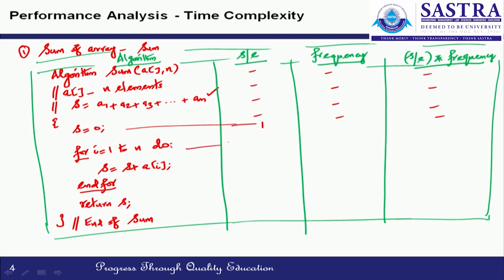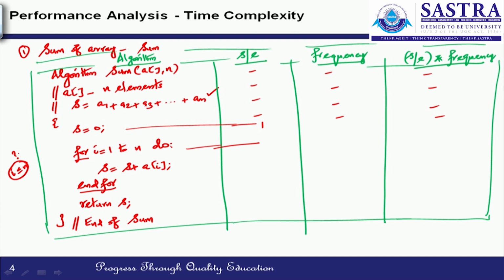Then for I equal to 1 to n do, in the for loop we need to consider the program step for only the conditional part, the control part, checking if I less than or equal to n. This is the conditional part of the for loop.